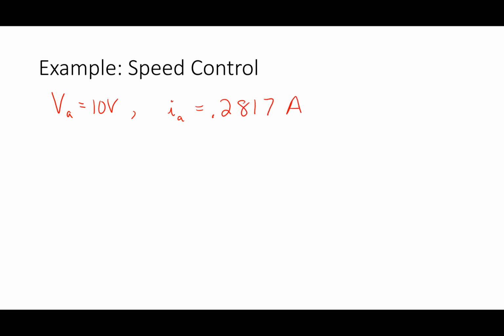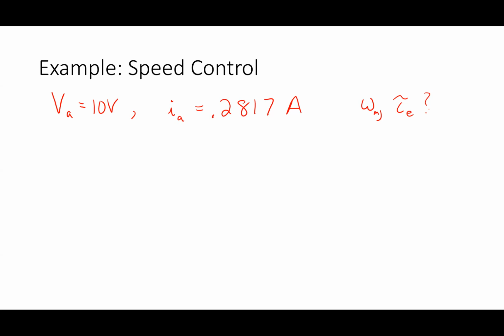What I want to figure out is what is omega? So what's the speed omega M, and what is the torque that it's producing? I want to figure out those two values. So how do I figure those out? Where should I start?